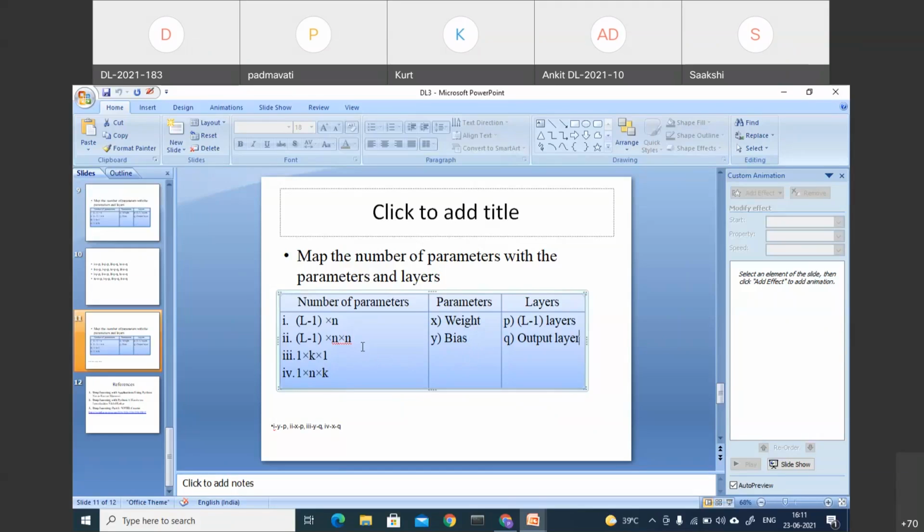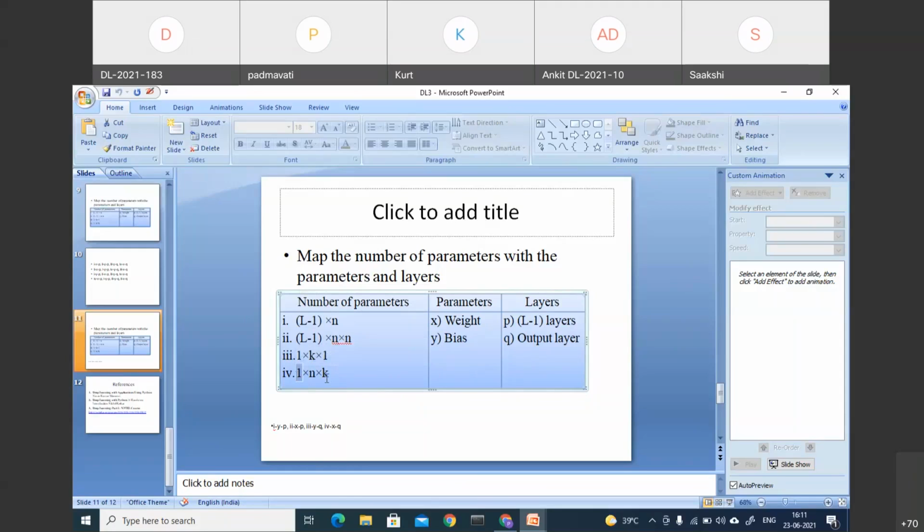Definitely, students, we never use L minus 1 into n or 1 into k into 1. Here, I just wanted to make sure you have understood how we map weights with respect to each layer. For that sake, I framed this question. And don't be confused that I have placed 1 over here, but in fact it is the last layer. We are computing it for the last layer.